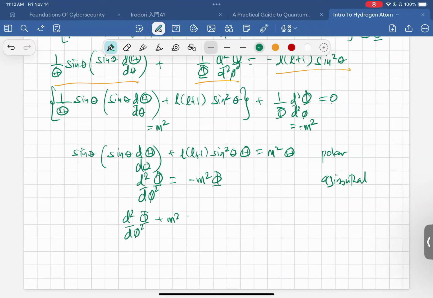So the solution of that differential equation will give you capital phi as a function of small phi equal to exponential i m phi. Now you can see why we chose m squared here, because by choosing m squared, we are able to write the azimuthal solution in this manner.